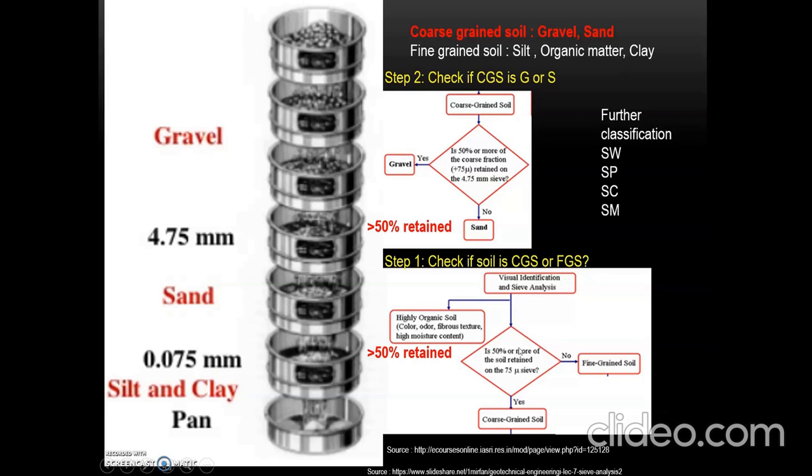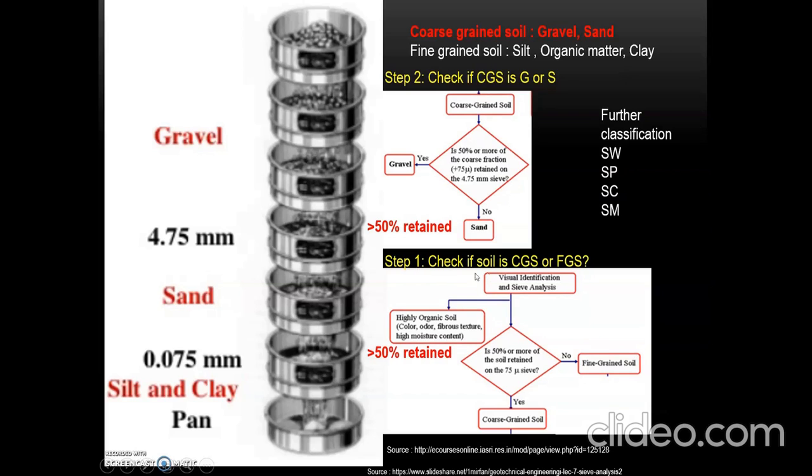So, that is what is mentioned in this flow chart. If 50% or more of the soil is retained on 75 micron sieve, then it is called as coarse-grained soil. Or if the 50% of the soil passes through 0.075 mm sieve, then it is referred to as fine-grained soil.